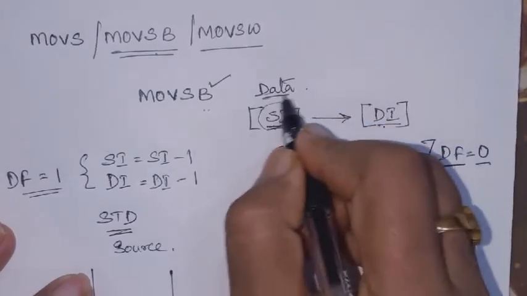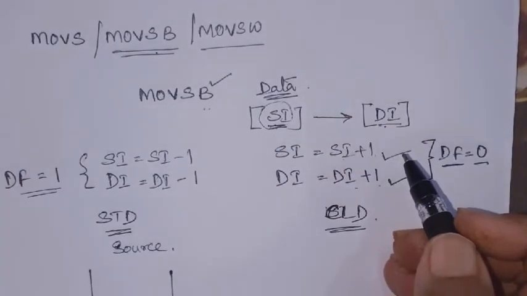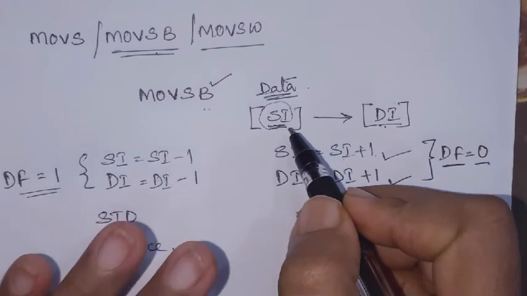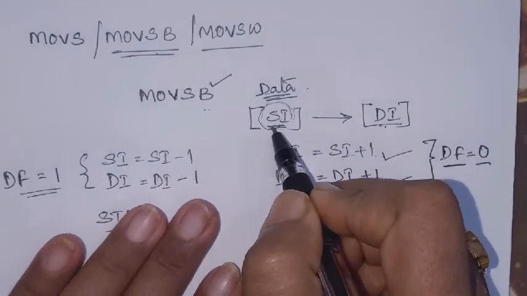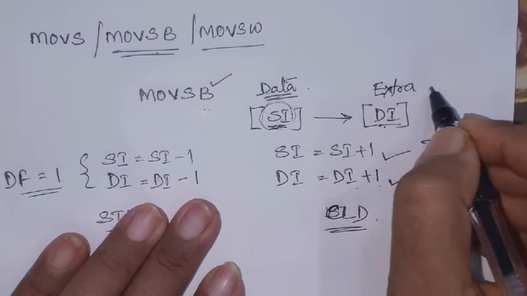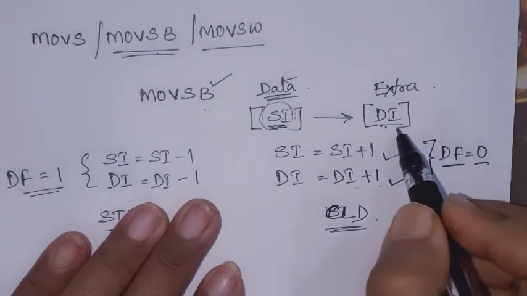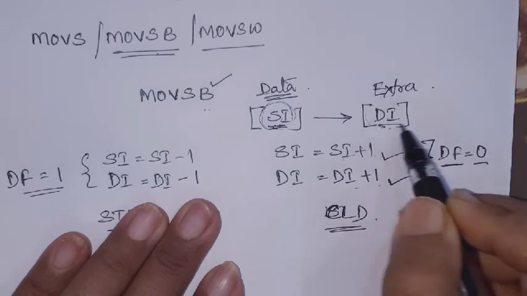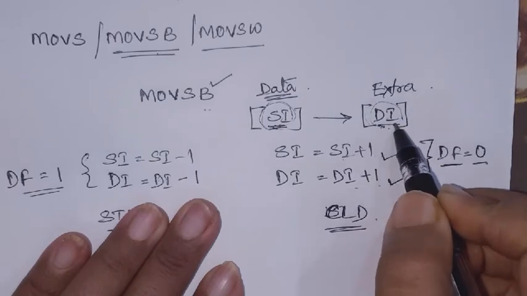Always the data transfer is from the data segment to the extra segment. So the data segment source memory location is pointed to by SI, and the destination is in the extra segment, where the offset address is in DI. The destination memory location is pointed to by the destination index register.